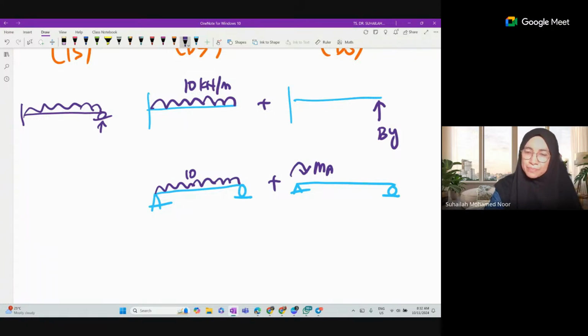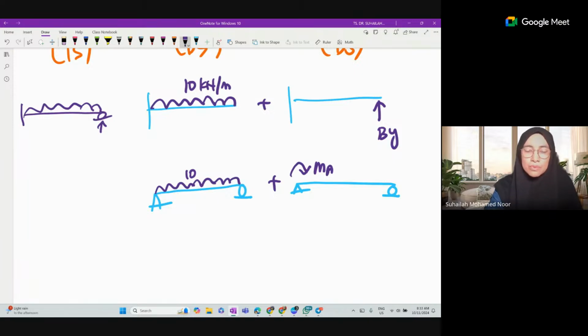So the first one is a cantilever beam. There will be two systems to be analyzed: one is the primary structure, another one is the redundant structure. Both are cantilever beams. If we want to analyze a simply supported beam, we remove MA as the redundant, so we have the beam without MA, of course.